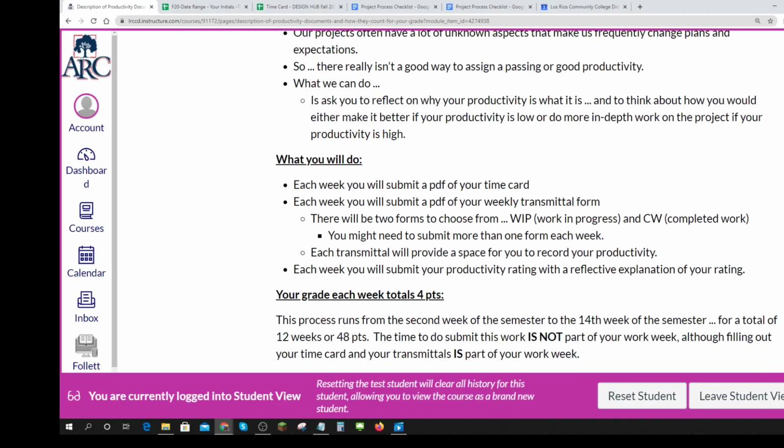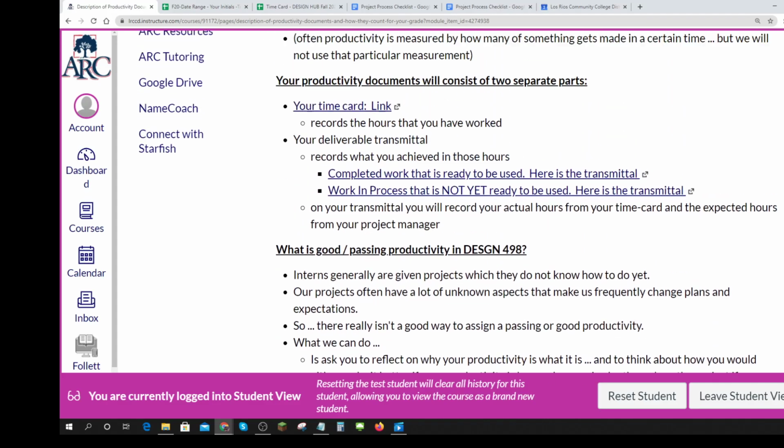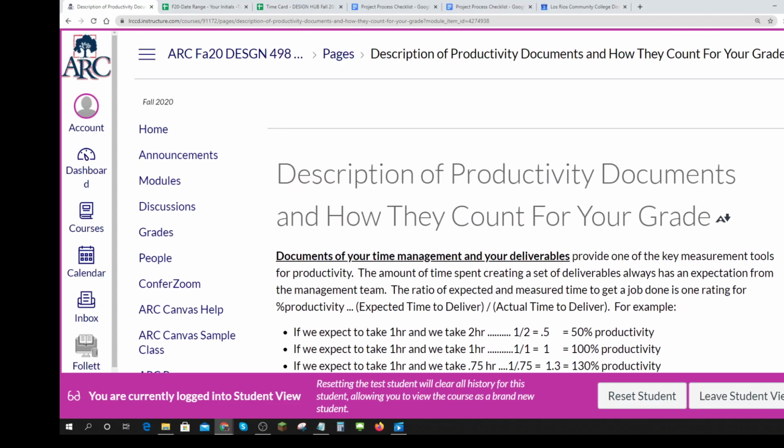Okay? Maybe the transmittals. But I want to see a transmittal from everybody this week, even if it's a work in process. But those of you who are given those short startup ones, I'm really hoping that you'll be finished with your startup ones now by the end of the week.